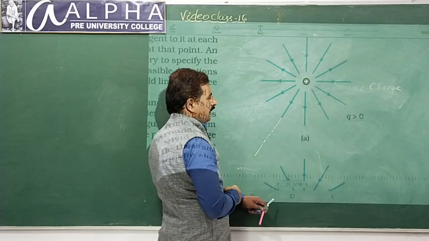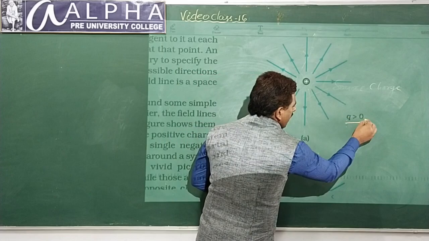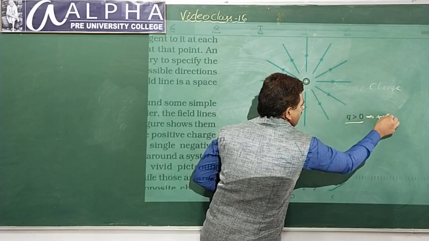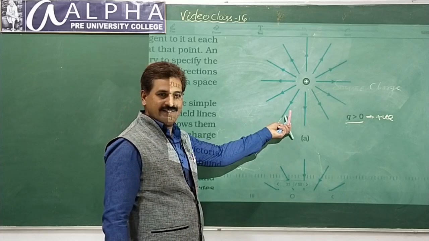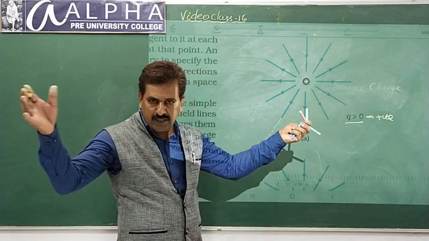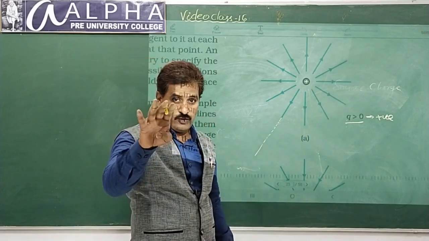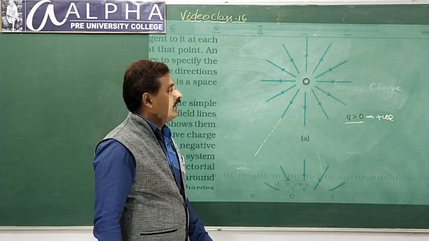Where is positive written? Here. Q more than 0 implies it is a positive charge. Around the positive charge, the field lines will be like this, a pattern of field lines. They start from positive charge and end at infinity. I wrote you some 4 or 5 points on properties of field lines, right?